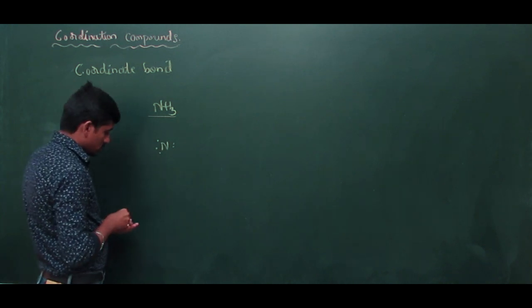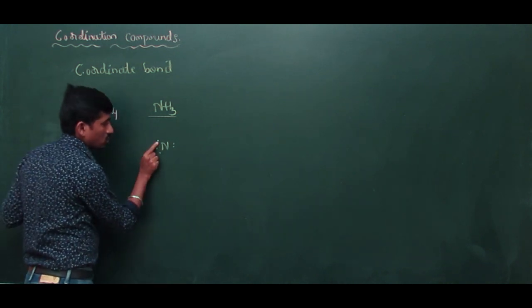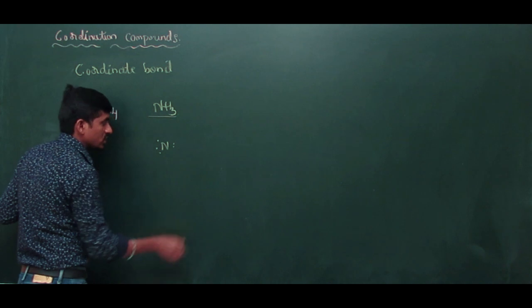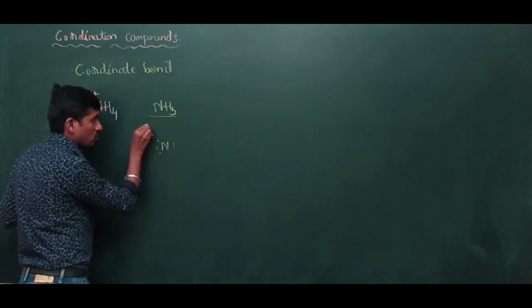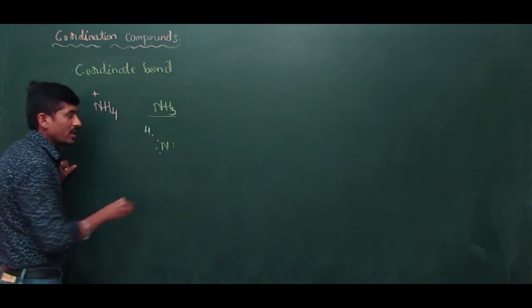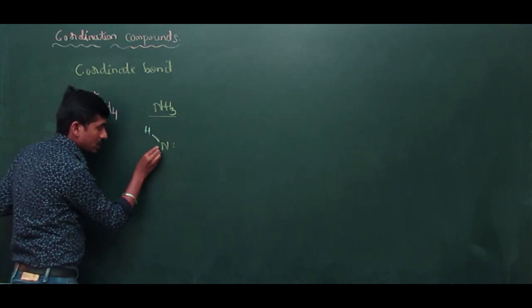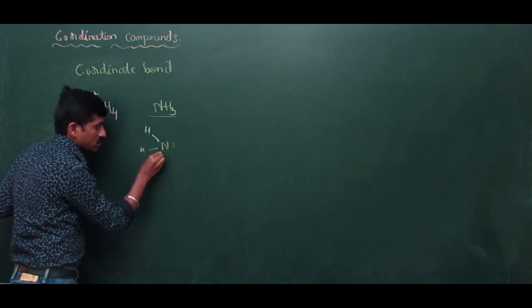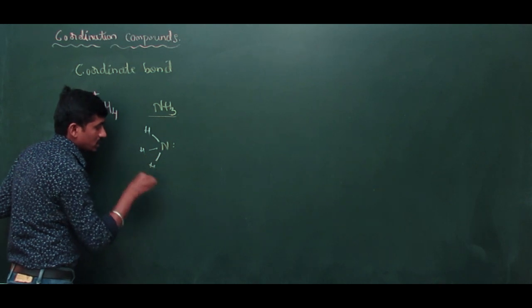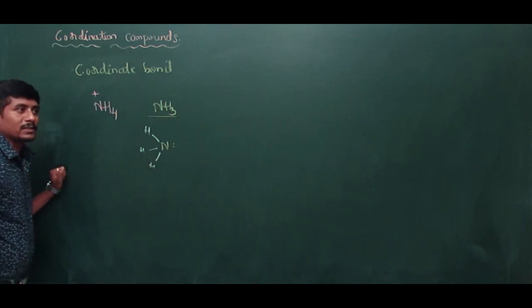So the electron from the nitrogen atom is shared with the electron from the hydrogen atom and forms a covalent bond. Like this, the remaining electrons also form covalent bonds with the 3 hydrogen atoms.